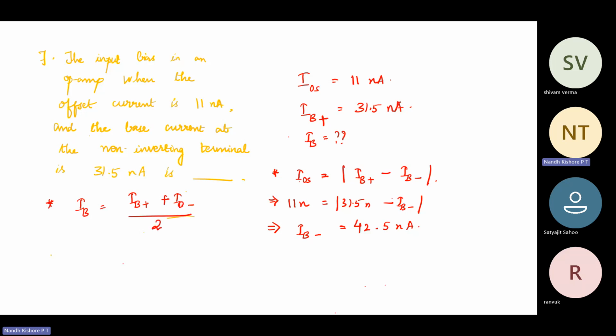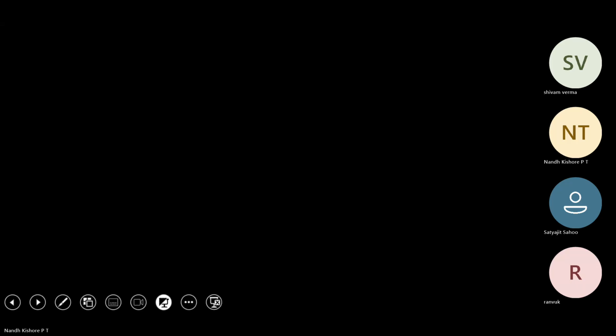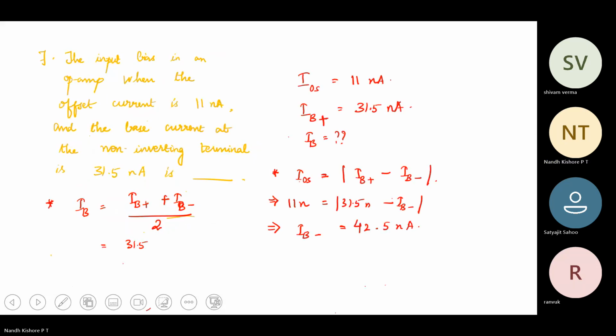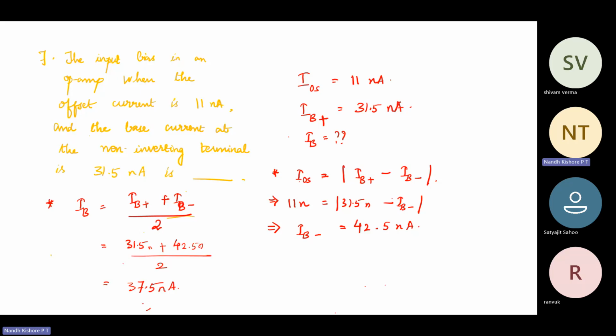That is the average of the bias currents at the two input terminals. So basically 31.5 nano plus 42.5 nano by 2, which gives you 37.5 nanoamperes.